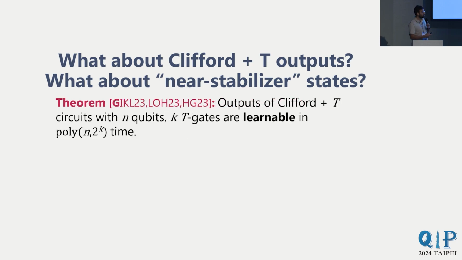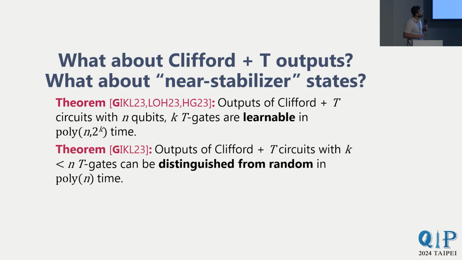We show that outputs of Clifford plus T circuits are learnable in time that scales polynomially with the number of qubits and exponentially with the number of T gates. So if K, the number of T gates, is order log n, then this is a time-efficient learning algorithm.